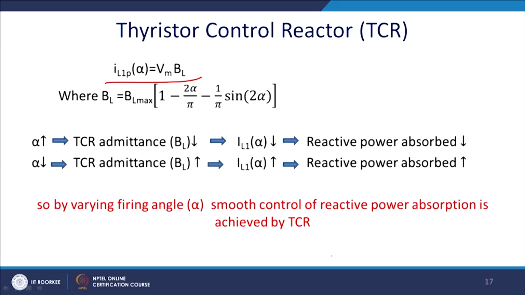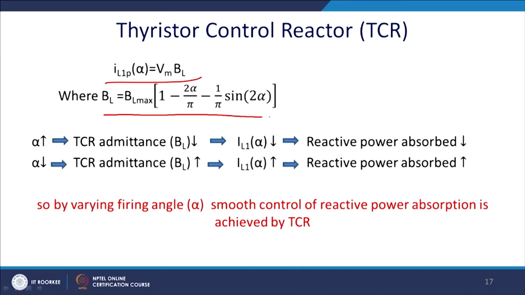So, we can rewrite this equation: the fundamental current of this TCR equals Vm into B_L, where B_L has this relation, B_L equal to B_L max (1 - 2 alpha by pi - 1 by pi sin 2 alpha). What happens if we increase alpha? The effect of increasing alpha will be that the TCR admittance is reduced, and thus I_L alpha 1 will be reduced and the reactive power absorbing capability will be reduced.